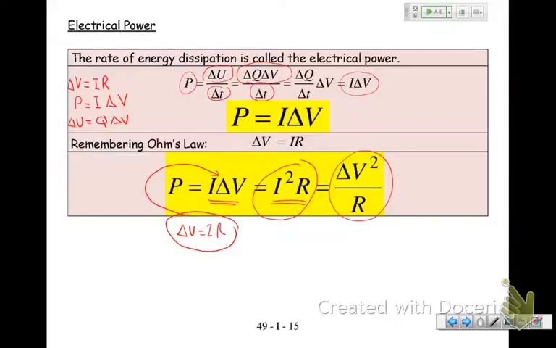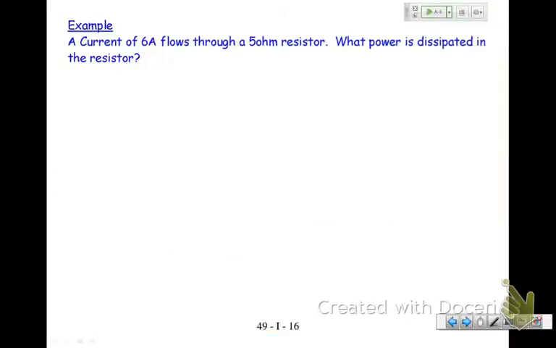Couple of insights. A current of 6 amps flows through a 5 ohm resistor. So I equals 6 amps, R is 5 ohms.